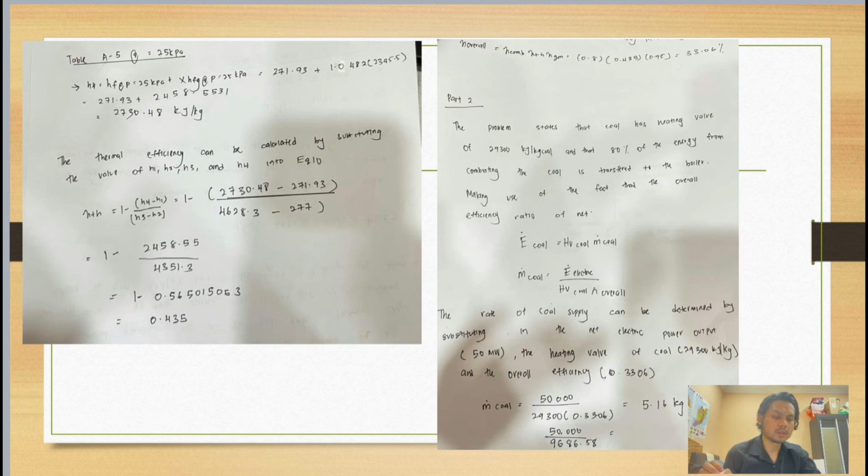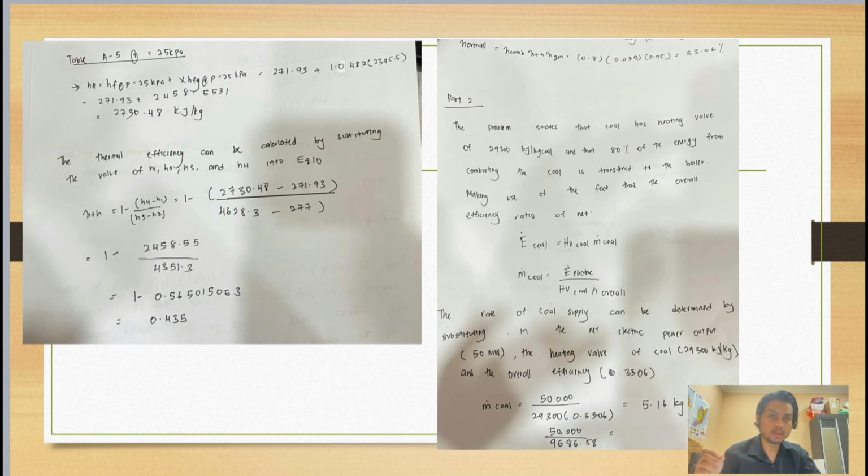We get 271.93 plus 1.0482, the X4 we got previously, times 2345.5, and we easily get 2730.48 kilojoule per kilogram. So when people ask me where I can get this information, first we must know the formula, and we must know how to read the table.